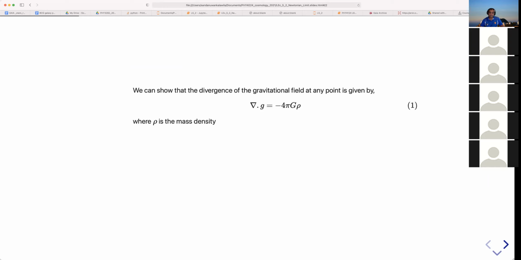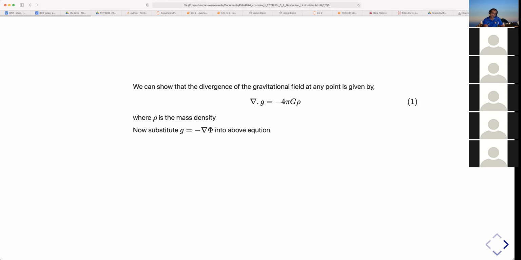So the divergence of the gravitational field, grad dot G, equals minus 4 pi G times rho, where rho is the mass density, and this is for Newtonian gravity, by the way. And we can then say that the gravitational field G can be written as the gradient of the scalar field phi.